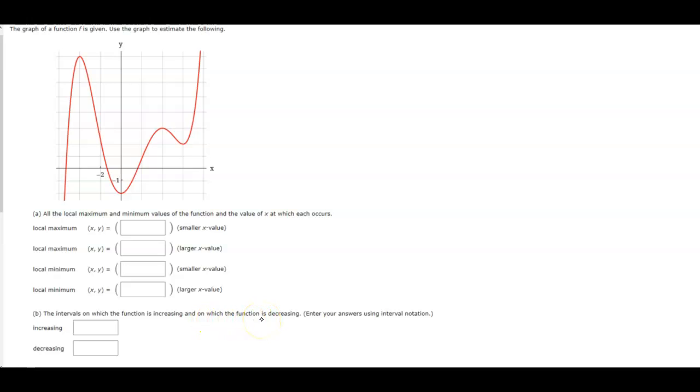So starting on the left-hand side, we can see that there's an arrow pointing down here, and then there's an arrow here. So that means we're going from negative infinity to positive infinity. Now let's label our x-axis. You can see here that it's going from 0 to negative 2, so the values for x are going in increments of 2.